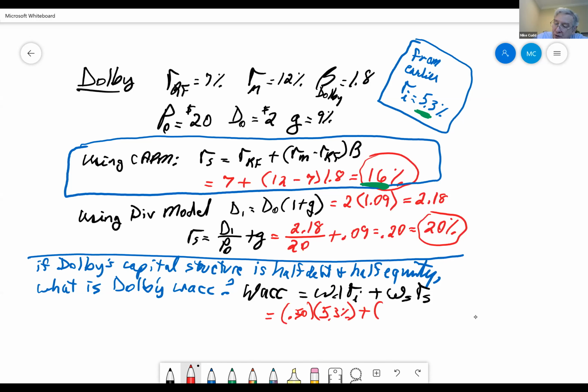And the weight for equity would be the other 0.5 times the cost of equity of 16%. I'm getting 10.65%. That would be Dolby's capital structure.